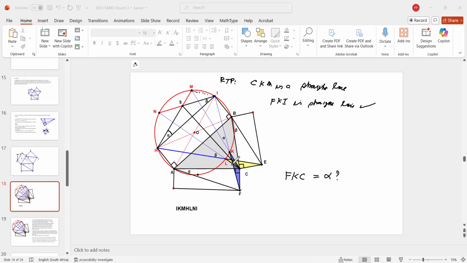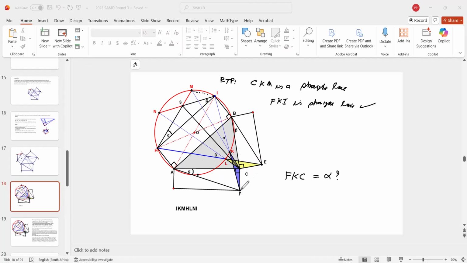You see, FKC, right? Now these points are not on a circle anymore. C and F, they are not on my red circle. But I need to find out whether FKC is equal to alpha. I know that this angle here is alpha. It's given. This is how these things are constructed. And I'm asking whether FKC is alpha.